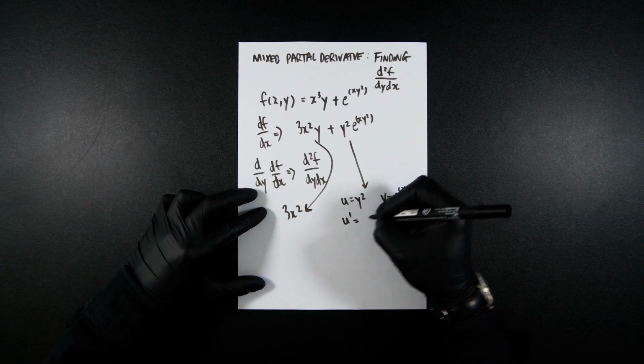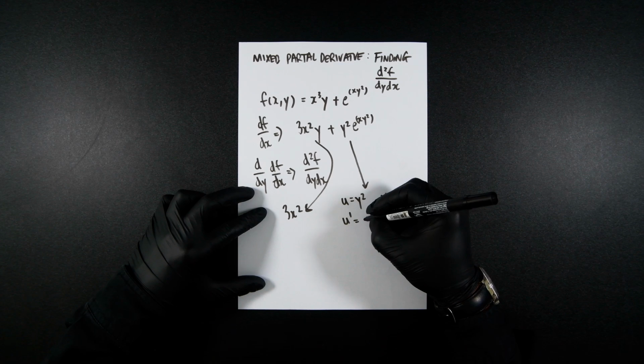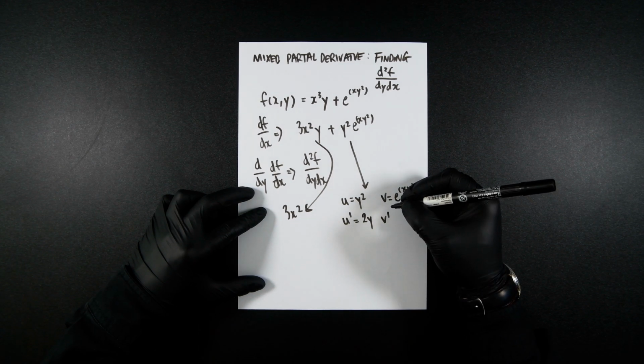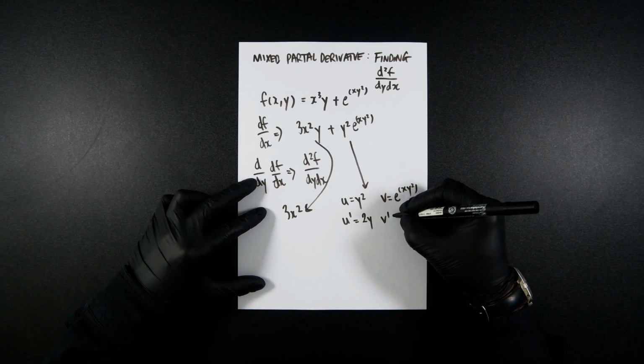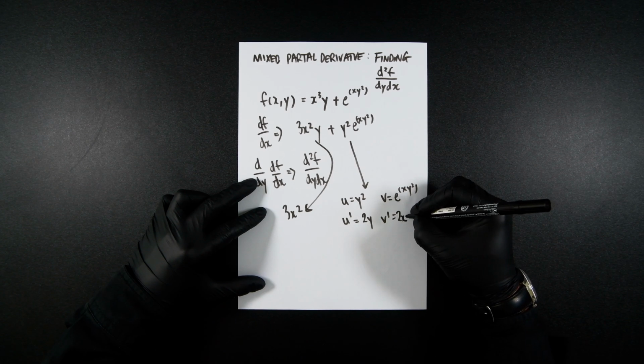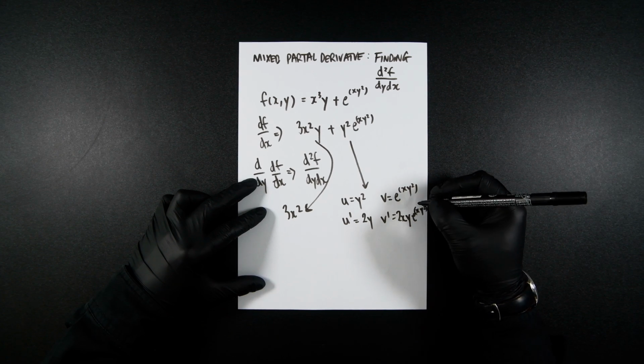So u differentiated once would be 2y, and v differentiated once would be 2xy e to the xy squared.